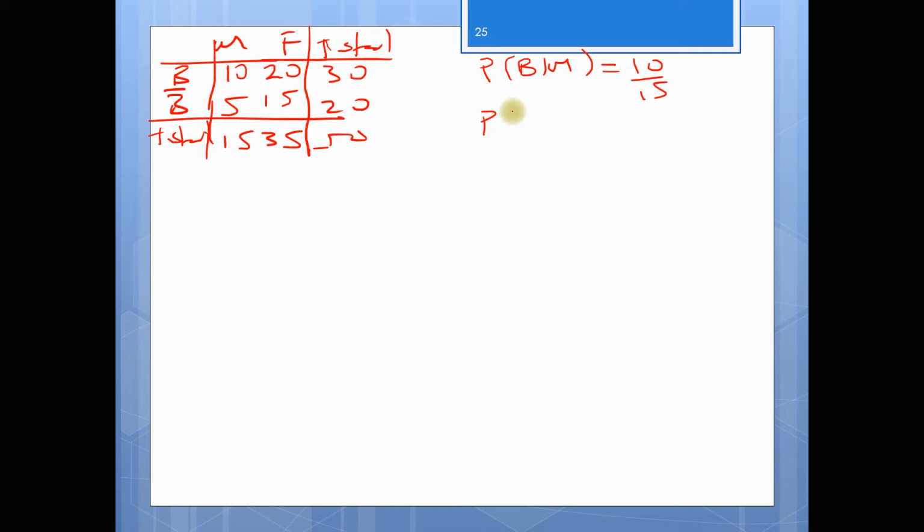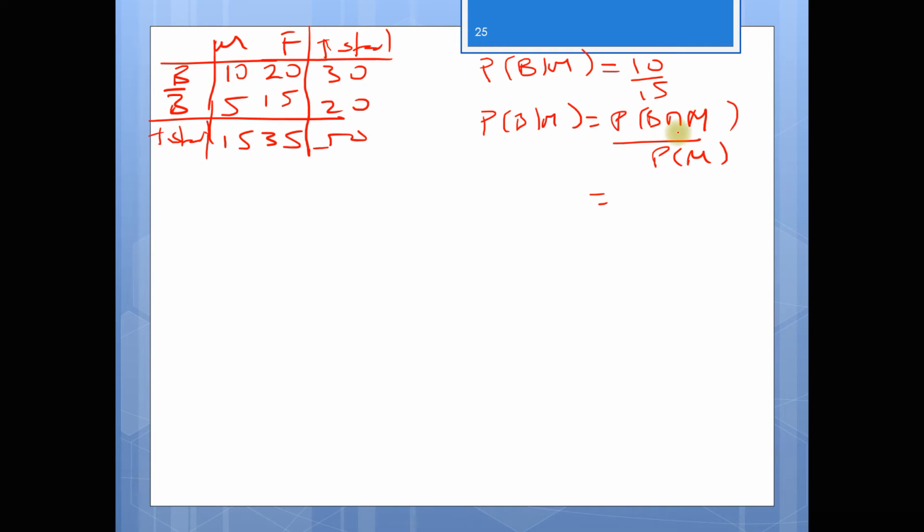An alternative is the probability of B given M equal to the probability of B intersection M over the probability of M. We also agree with this because this is what I explained to you in the first part.